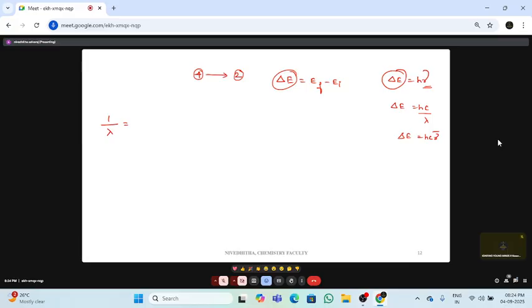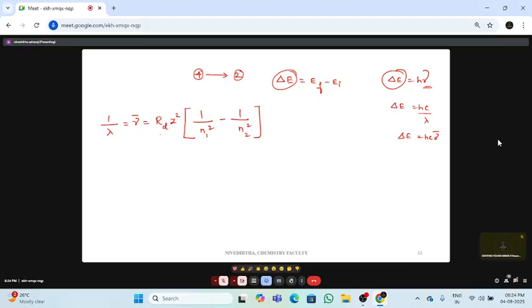This is the formula to calculate... what does this 1 by lambda represent? Wave number. Very good, wave number. So this is the formula to calculate wave number. Wave number is equal to Rydberg constant into Z square into 1 by N1 square minus 1 by N2 square.